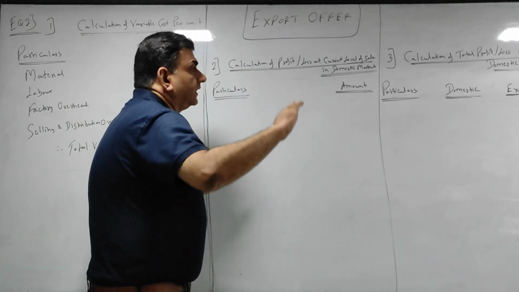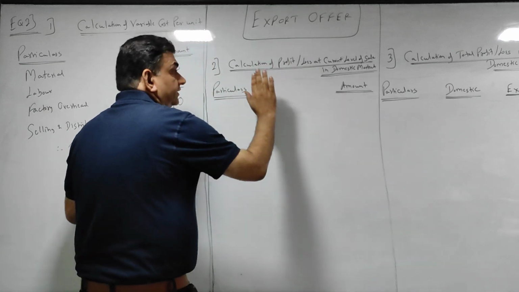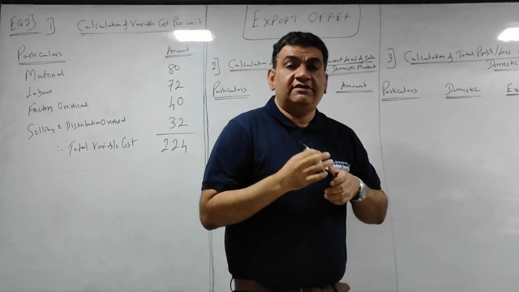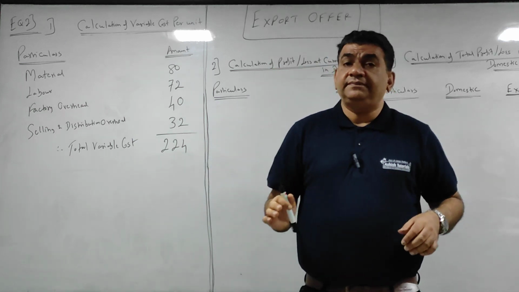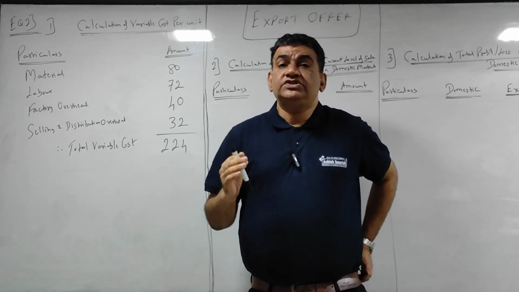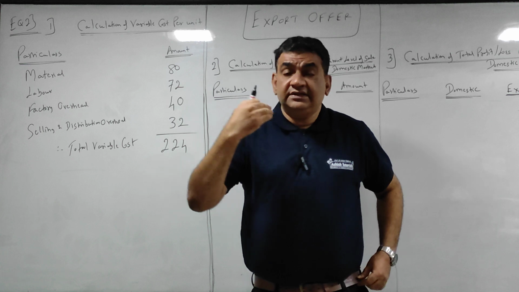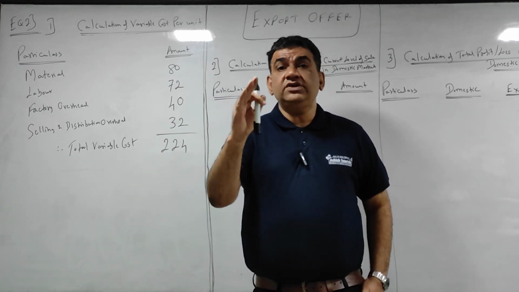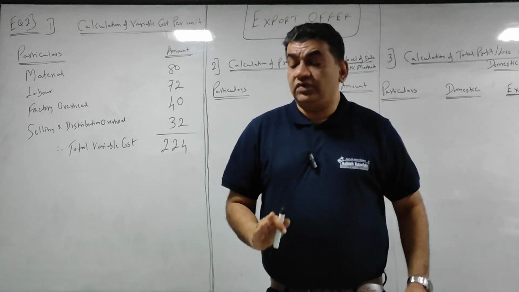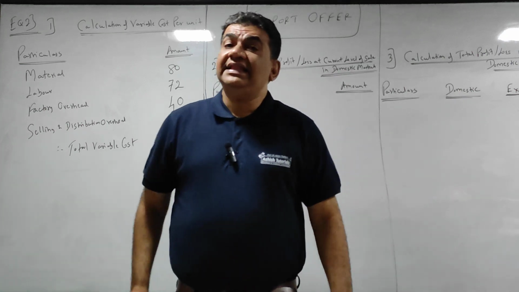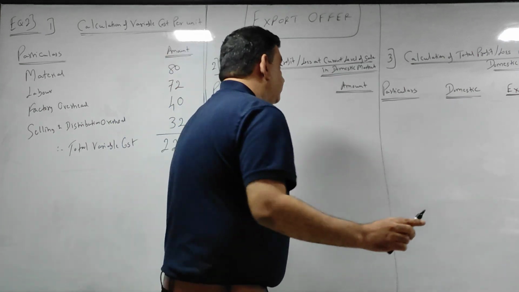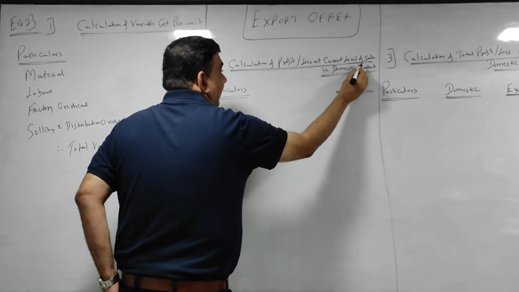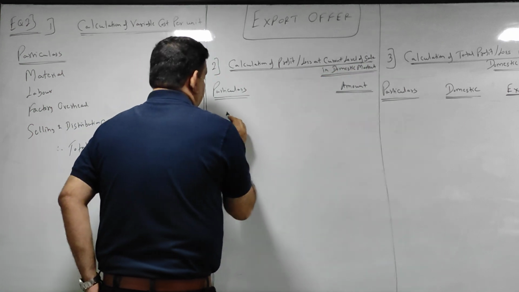Now see, second step: you find out at the current level. When I say at the current level, it means on the basis of goods which I am selling in the domestic market. Export comes later. Currently you see whether you're making a profit or not. How will we come to know? What is my sales? 1000 units. So what I'll do is calculate profit or loss at the current level of sale in the domestic market.